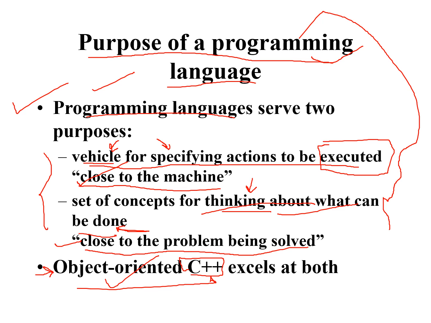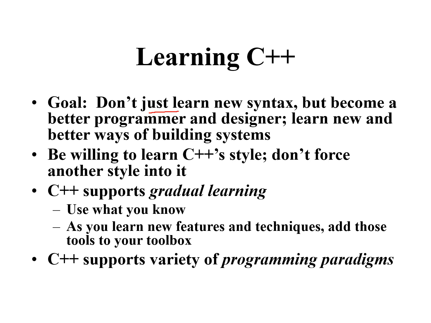This object-oriented C++ excels, meaning excellence, in both of the above given points. So this is the purpose of our programming language. By learning the C++ language, we do not just want to learn some new syntax, but we want to become a better programmer and designer.